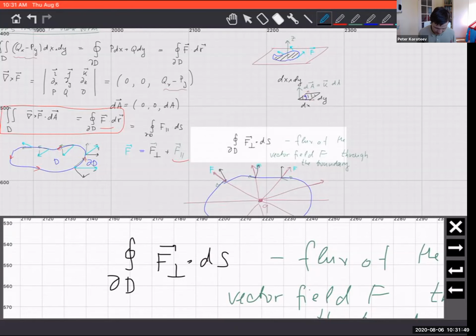In a sense, the flux measures the amount of field lines that go through the boundary. Here we give a two-dimensional example, but of course, a similar formula exists in higher dimensions as well.